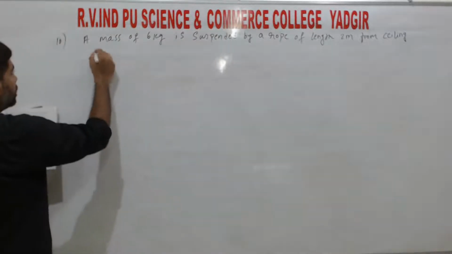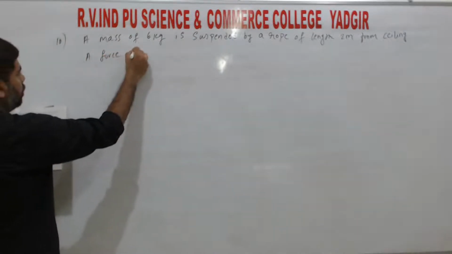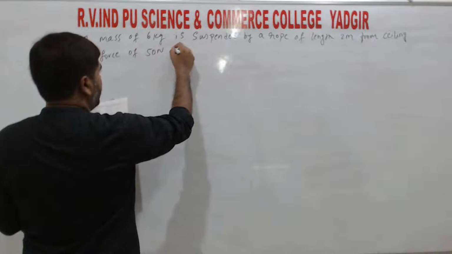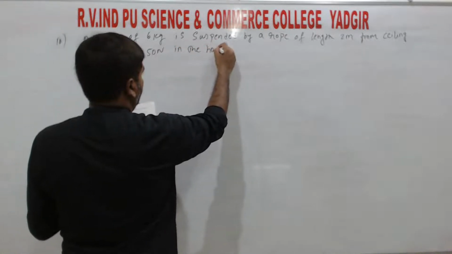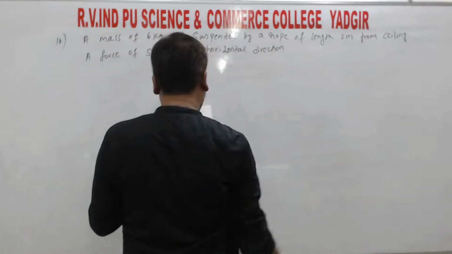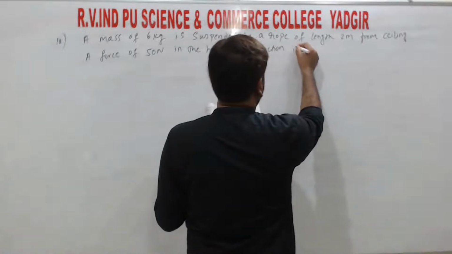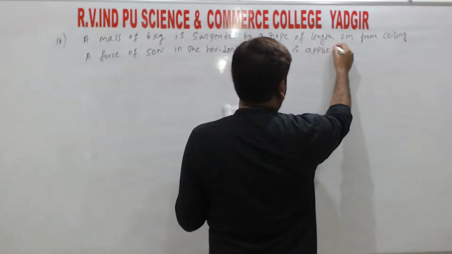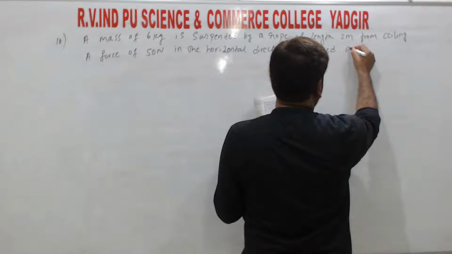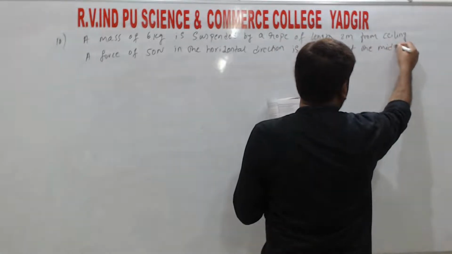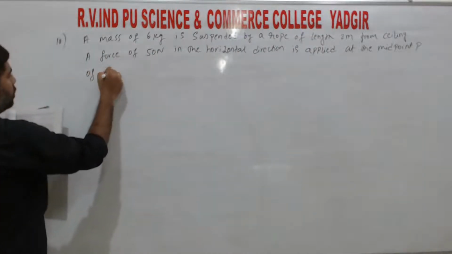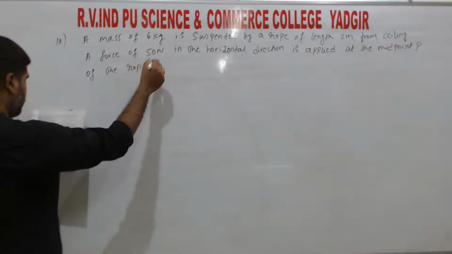A force of 50 Newton in the horizontal direction is applied at the midpoint P of the rope, as shown.